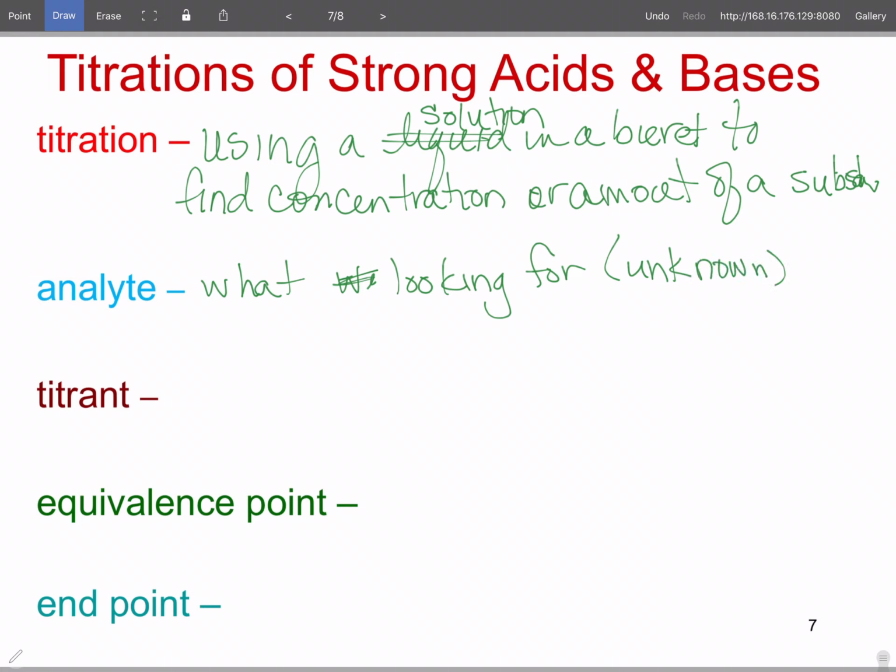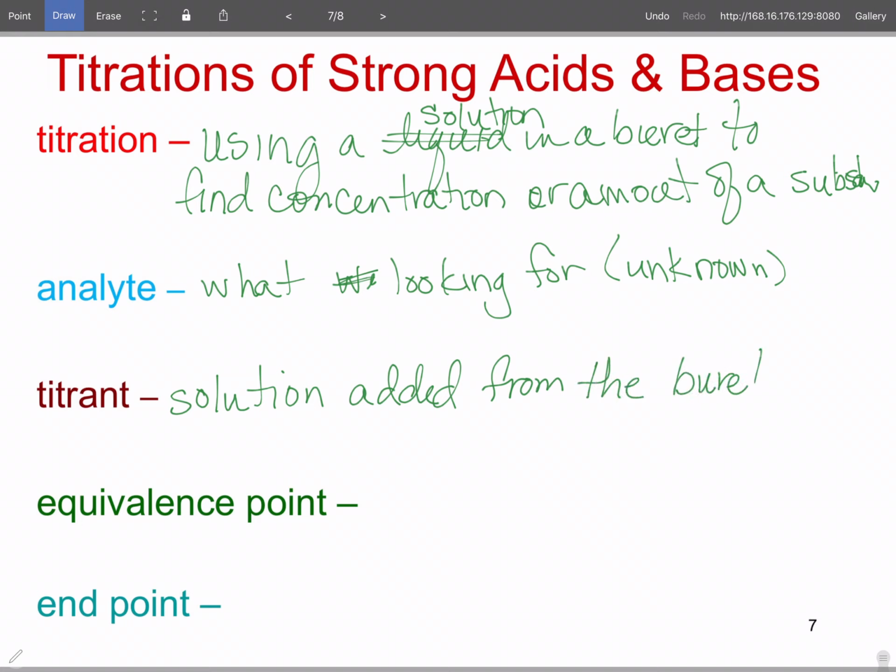Okay, the titrant is the solution added from the burette. And here's the thing. There are some reactions where we know what's in the burette, and there are other reactions where we're looking for what's in the burette. So what's in the burette can also be the analyte, but it is definitely the titrant.